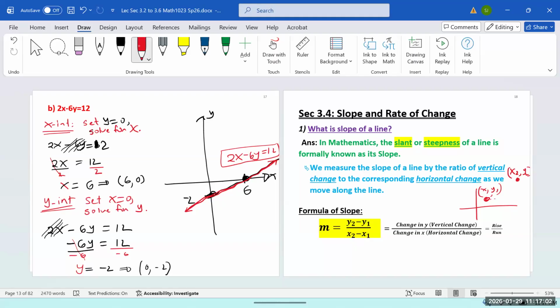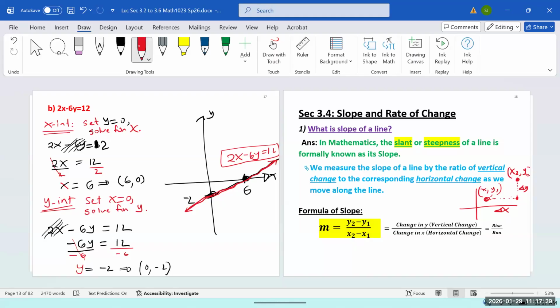So from here to here is our x direction, delta x, the change in x. And from here to here is our y direction, the change in y. So we go from here to there, and all you have to do is take this distance divided by this distance.